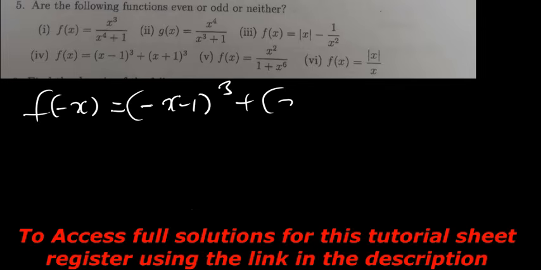Now, one thing I want you to understand is that as long as it is raised to the power 3, it's going to be x raised to the power negative 3. So it will still be negative. So that's why I know that this will still be negative. Then this will still be also negative, like that.